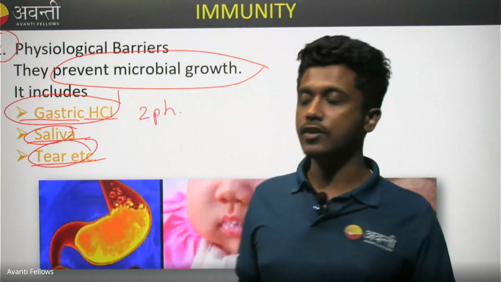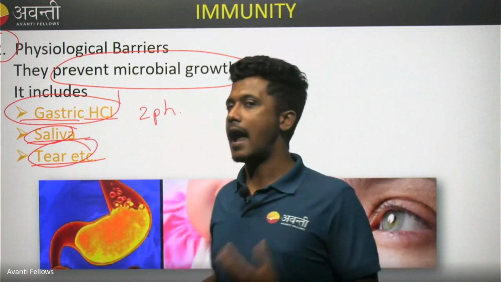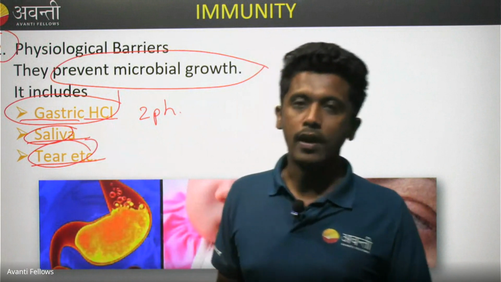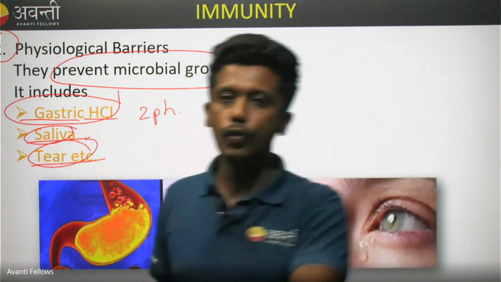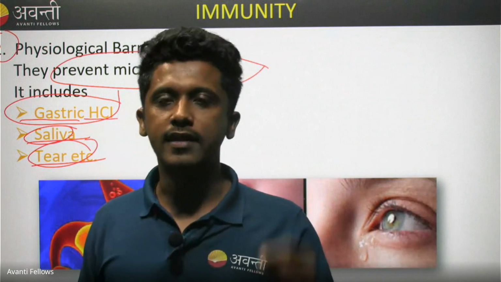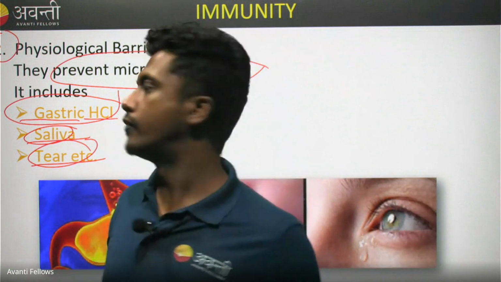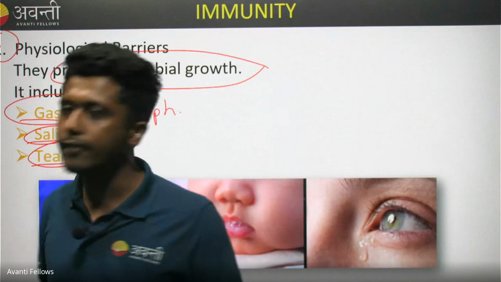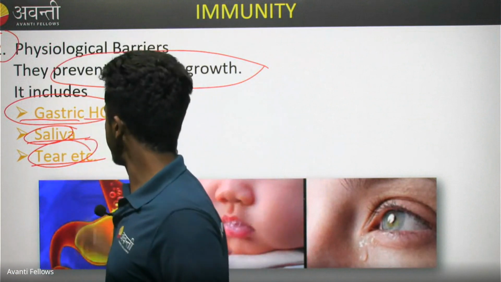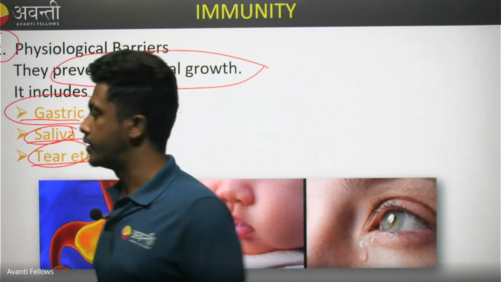This mucus protects you against the action of the lysozyme enzymes present in the saliva. Whereas external agents entering your mouth through food or air are prone to the action of these lysozyme enzymes from the saliva, thereby being eliminated or digested. And the next part is the tear.